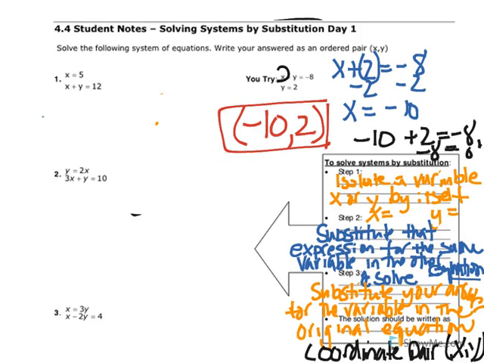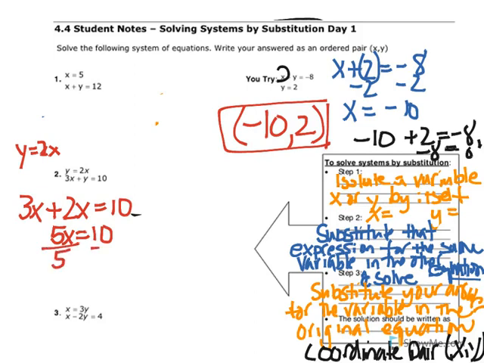Now again, we already have an equation here that's been solved. It says y equals 2x. So if y equals 2x, I'm going to plug 2x in for y in the second equation. So we're going to substitute it and then combine like terms. And then divide by 5, and we get x equals 2.